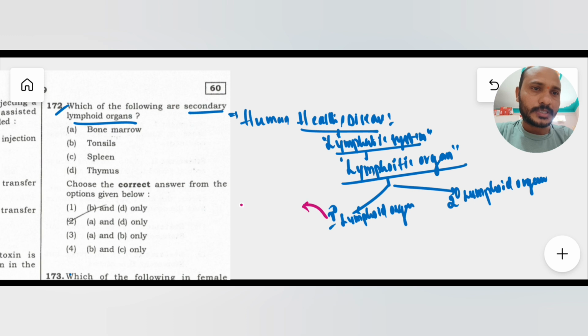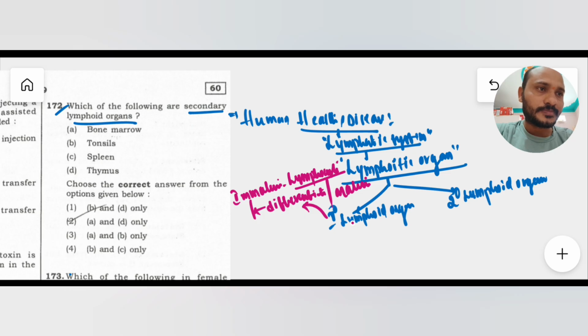In primary lymphoid organs, immature lymphocytes, which are a type of white blood cell, get differentiated, or we can also say matured, into antigen-specific cells. Only in primary lymphoid organs do the immature lymphocytes differentiate into antigen-specific cells.